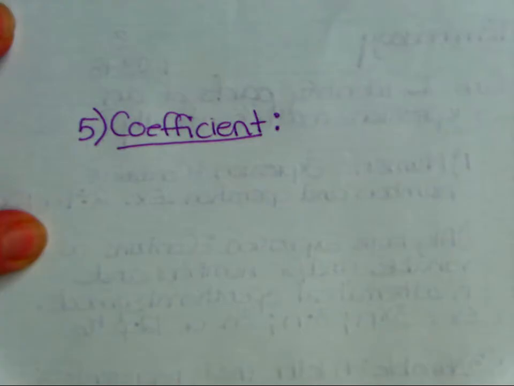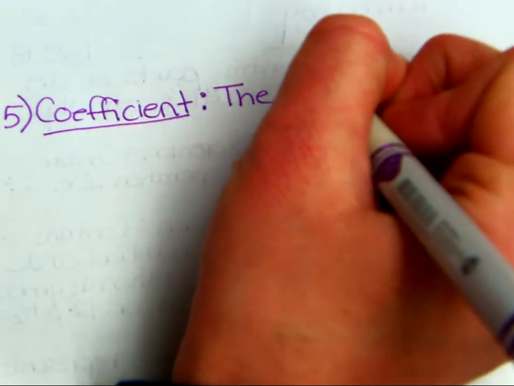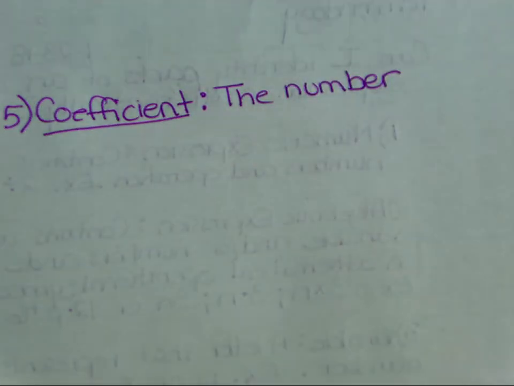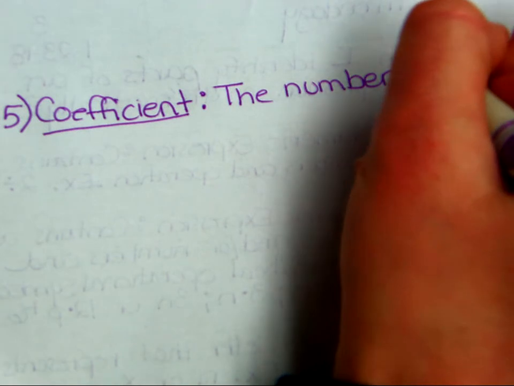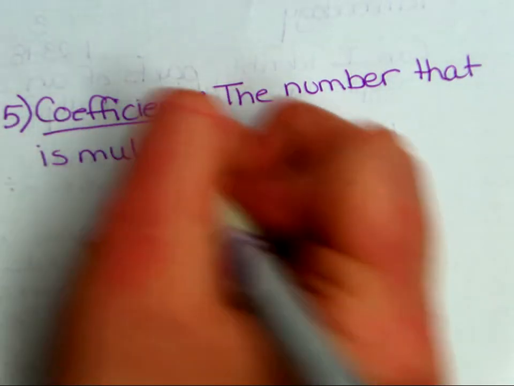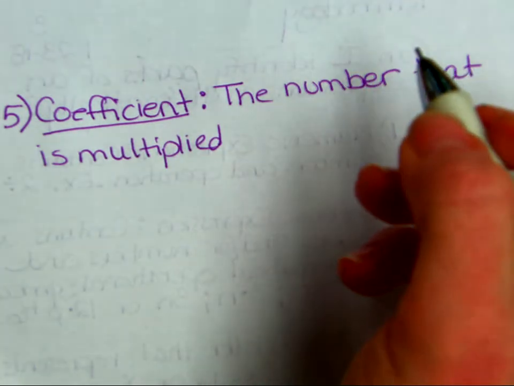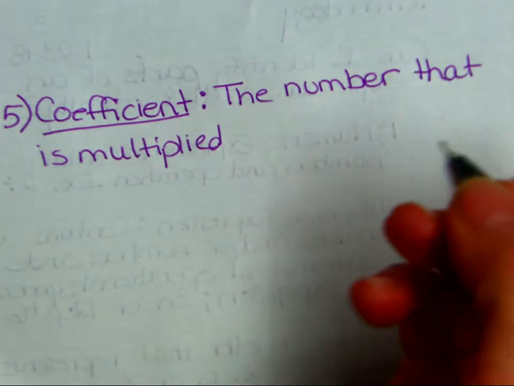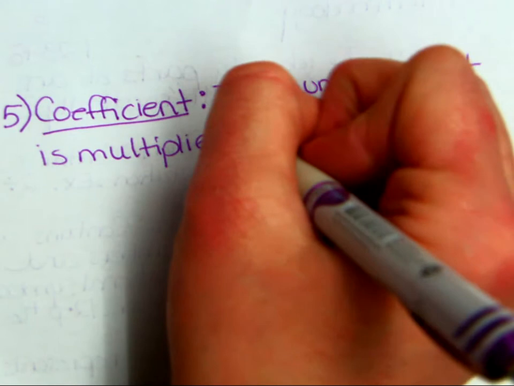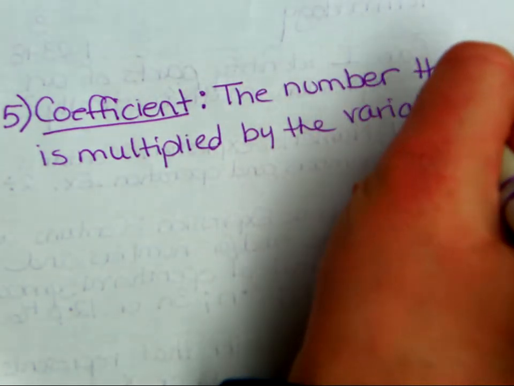Now, a coefficient is the number that is multiplied by the variable in an algebraic expression.